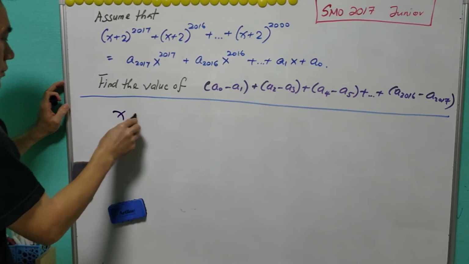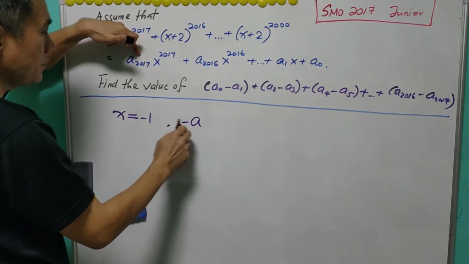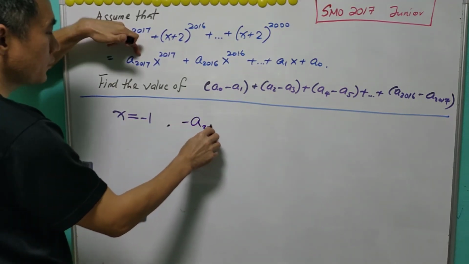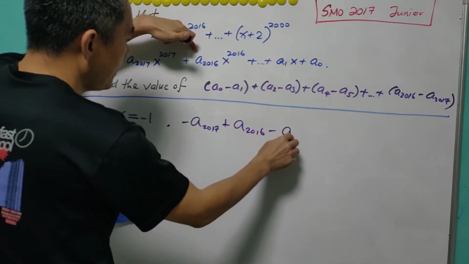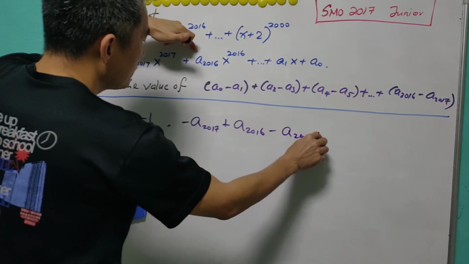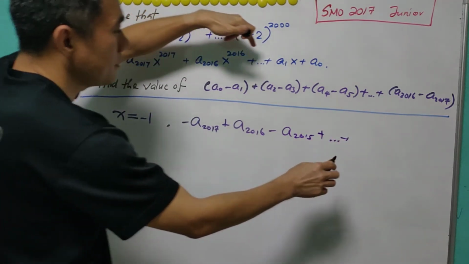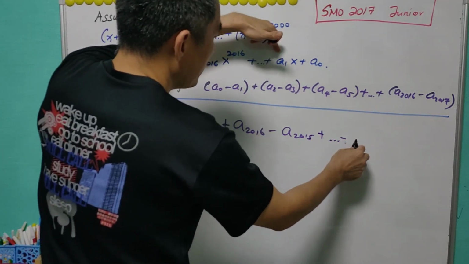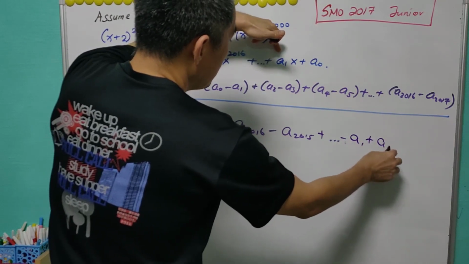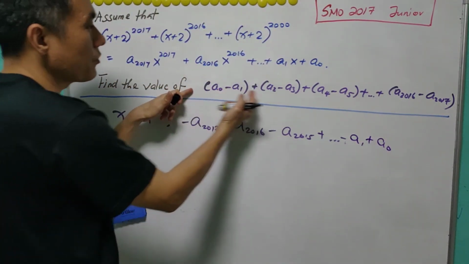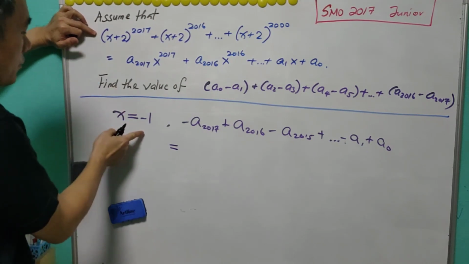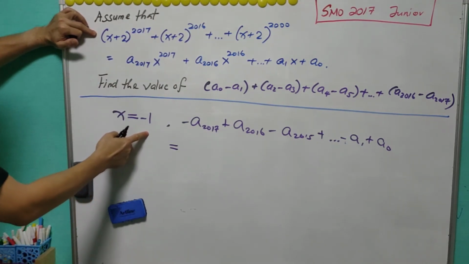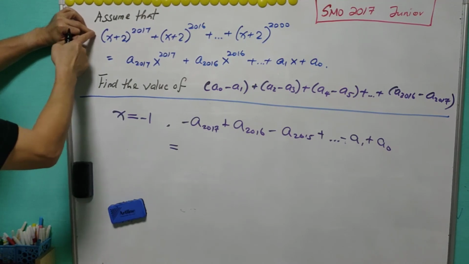So when x equals -1, negative of a2017 plus a2016 minus a2015, keep alternating until negative a1 plus a0. This is exactly what we want to find here.